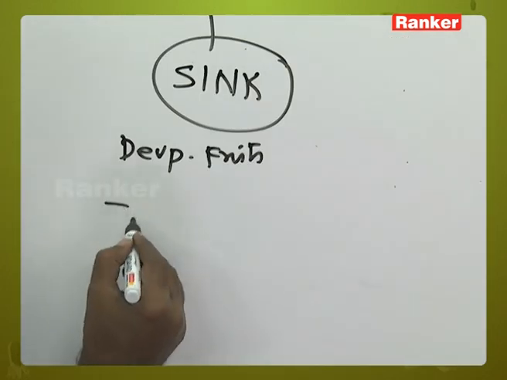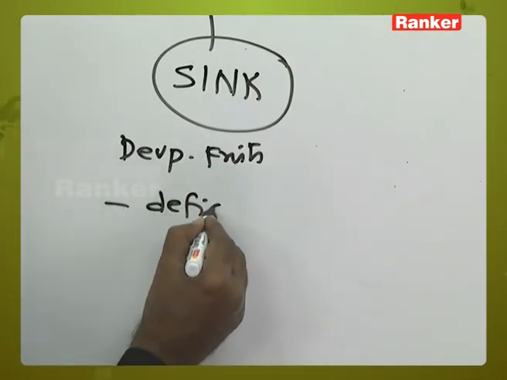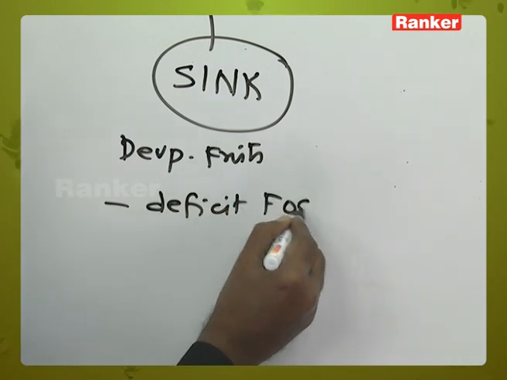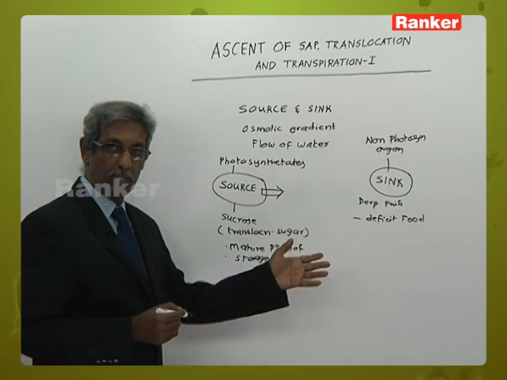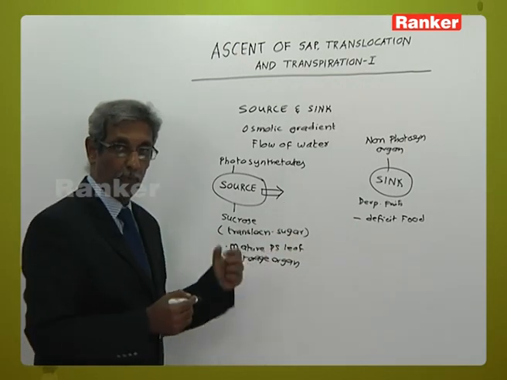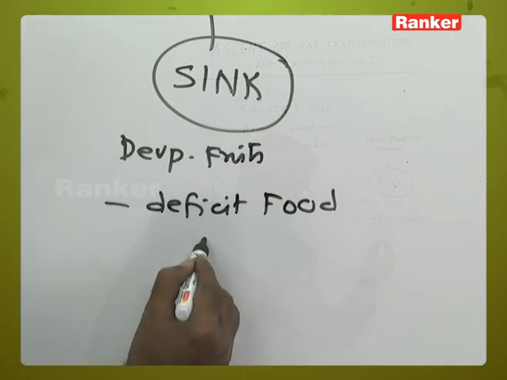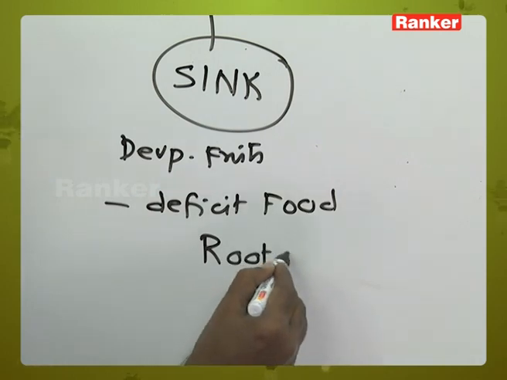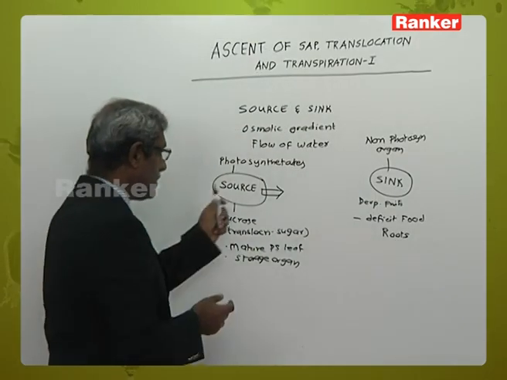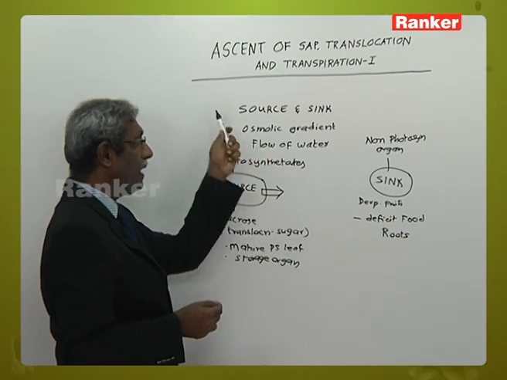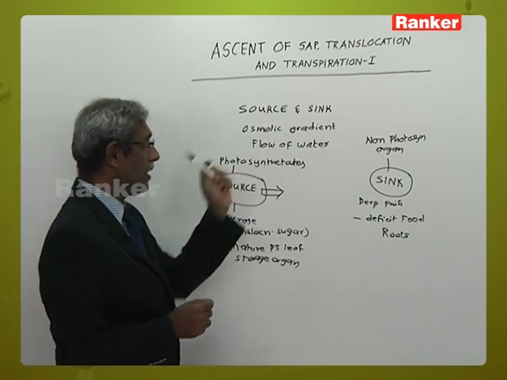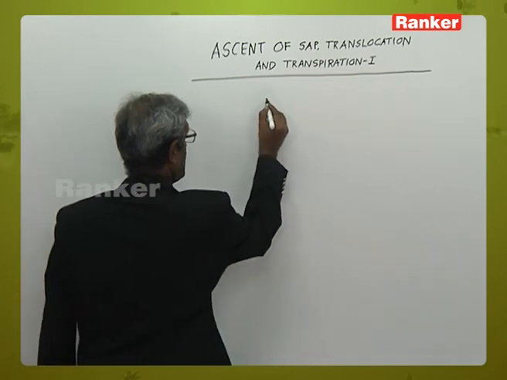So there is a deficit of food. And if you take roots or tubers which are growing, mostly roots act as sinks. So any relationship between a source and a sink via flow of water through an osmotic gradient establishes a source sink relationship. Now, what really happens at the source?